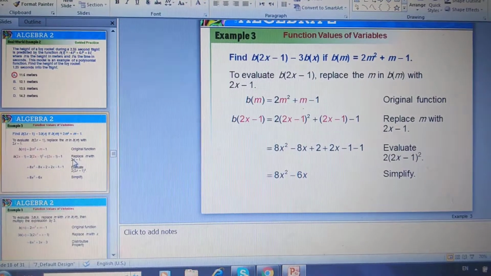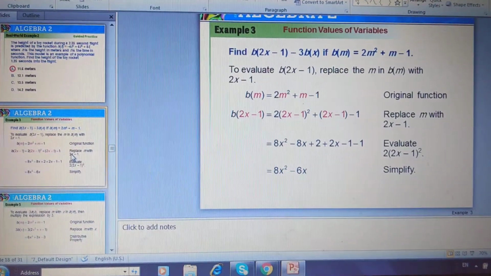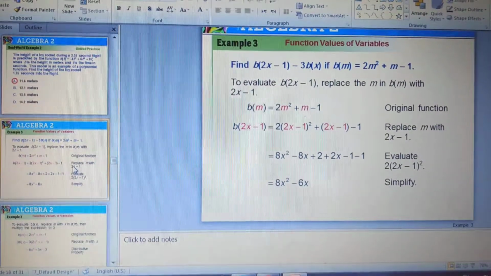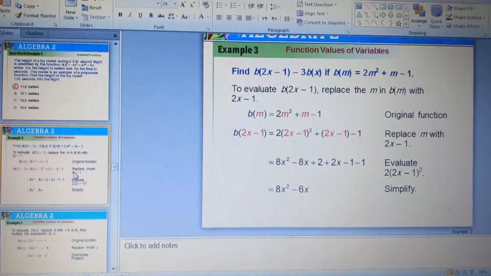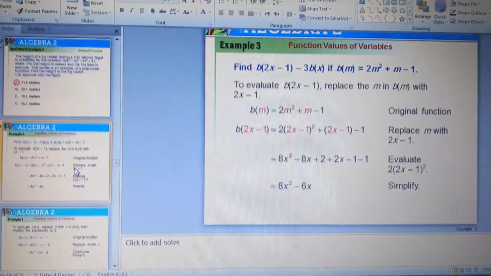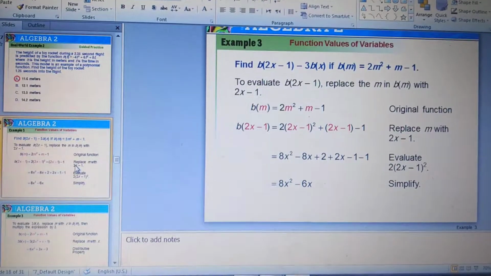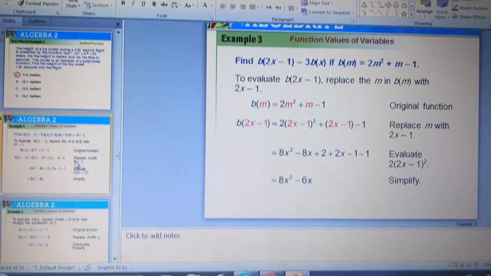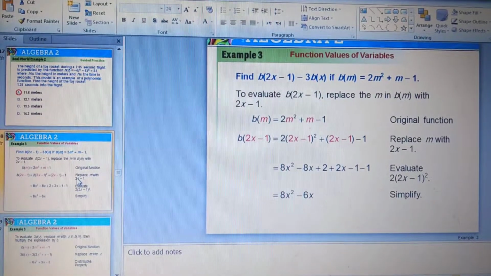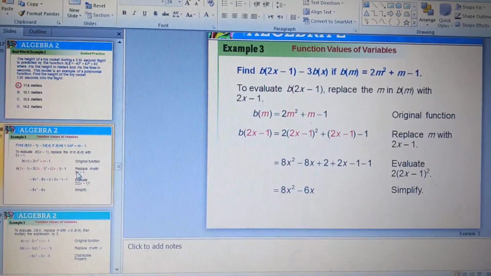Now we are going to take function values of variables. If you look at this example, find b(2x minus 1) minus 3b(x) if b(m) equals m squared plus m minus 1. Of course, b(m) means function of m.